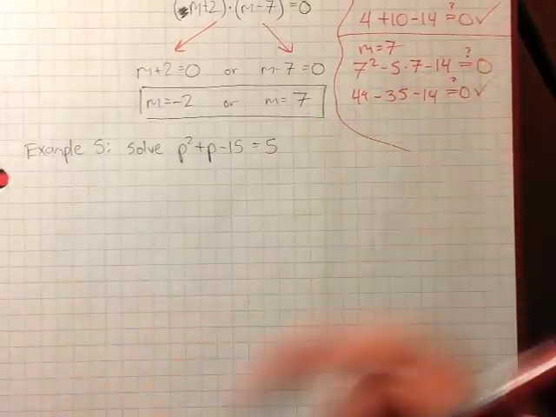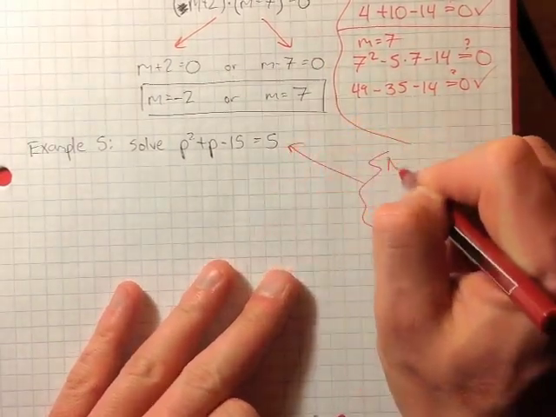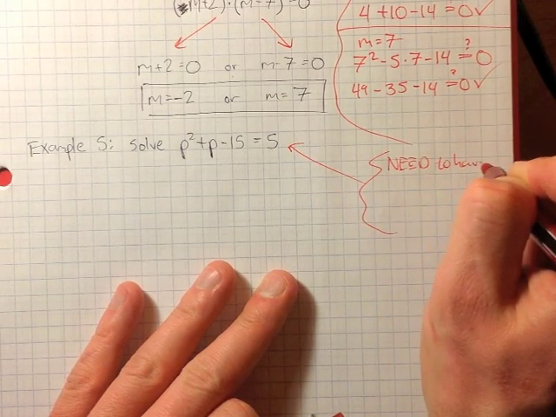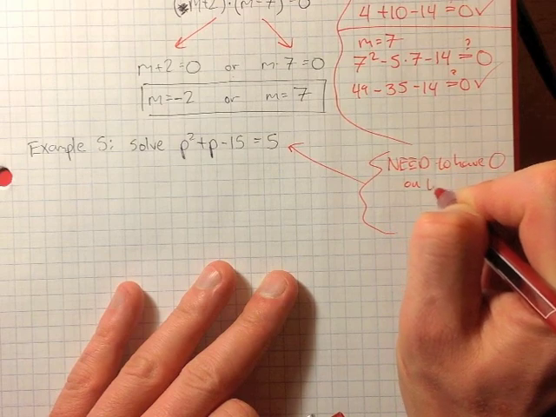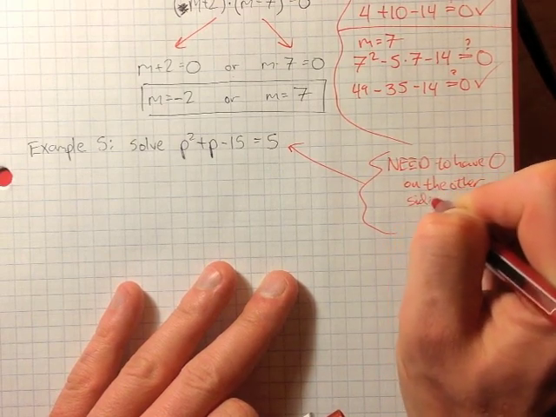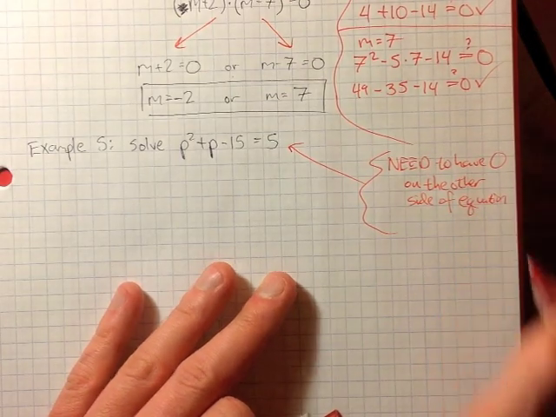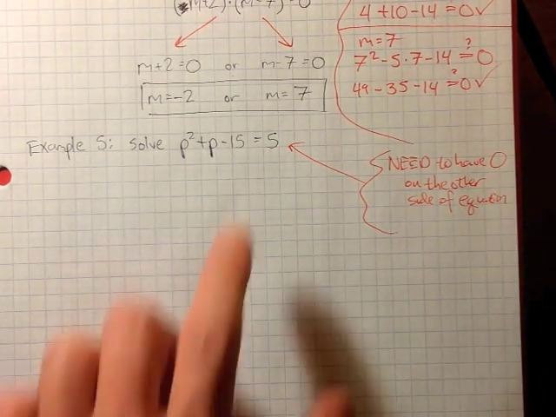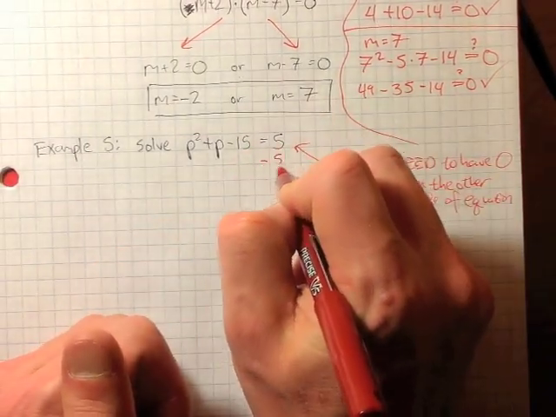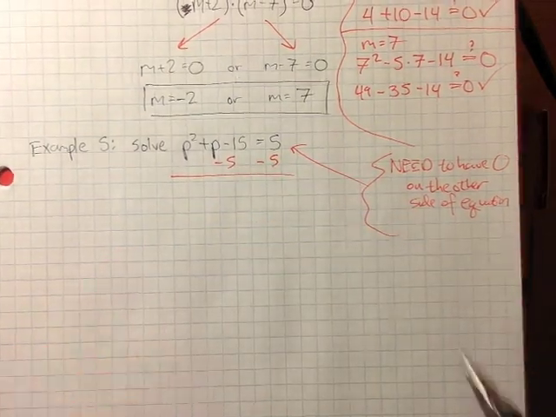Okay, so a little thought bubble: I need to have 0 on the other side of the equation. Well, that's pretty easy to do in this case. In order to get 0 on the right-hand side of the equation here, all I have to do is subtract 5, right?